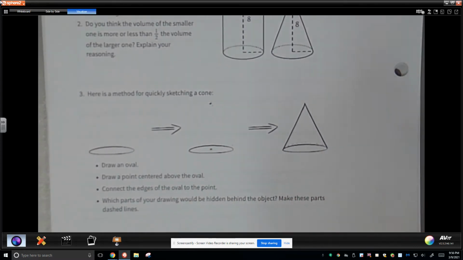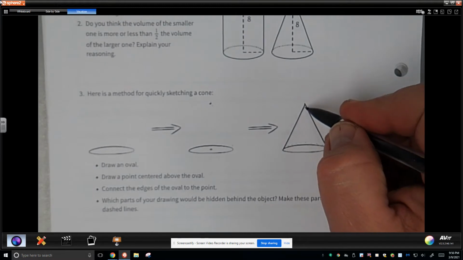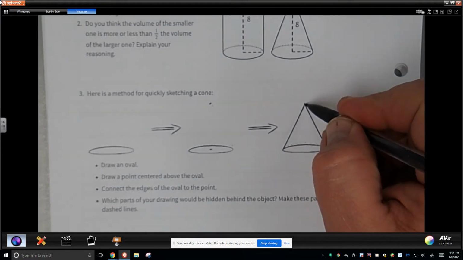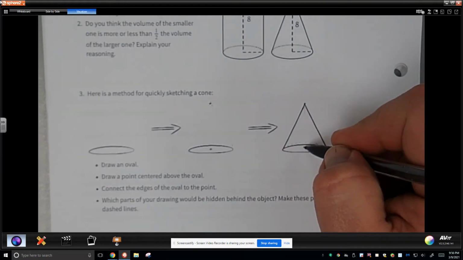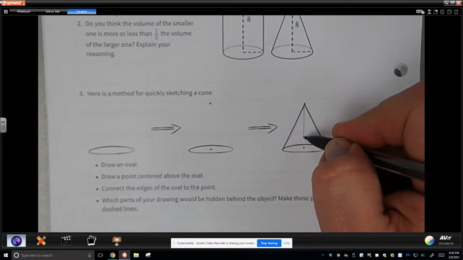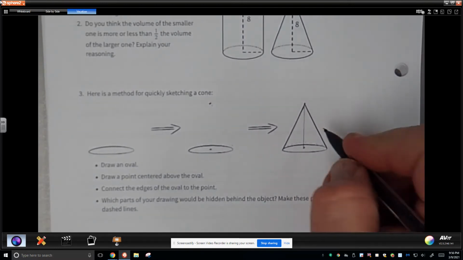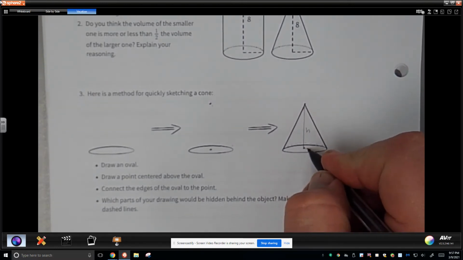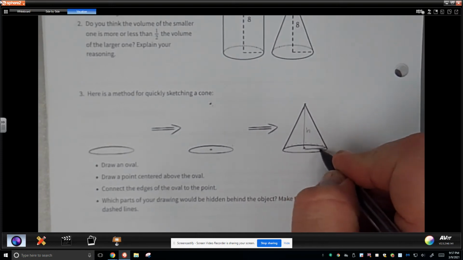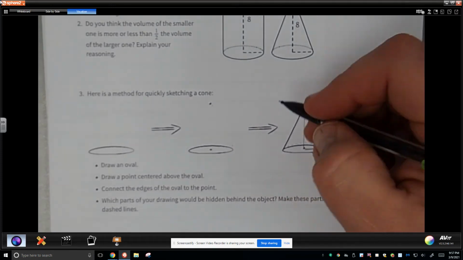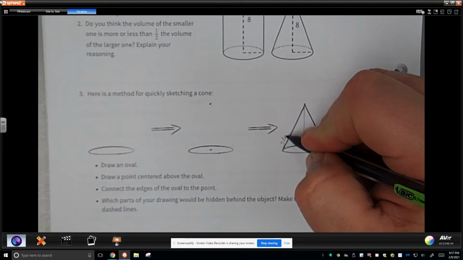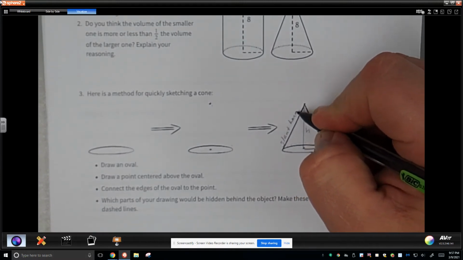There's a couple pieces that we need to recognize that when we're talking about the height, we're talking about from the tip of the cone down to the center of the base. So there's our height. Our radius is from the center to one edge, just like in a normal circle. And then there's this other side over here. This is called the slant height.